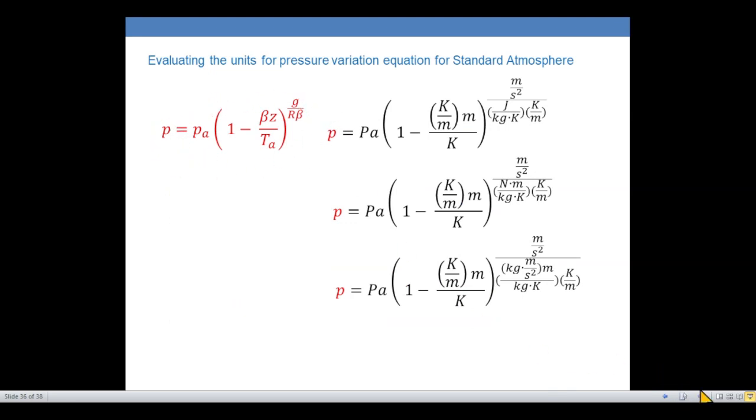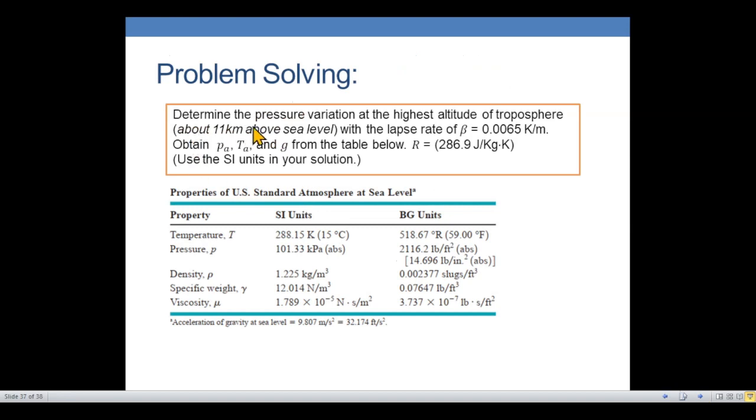Determine the pressure variation at the highest altitude of the troposphere, that is about 11 kilometers above sea level, with the lapse rate of 0.0065 Kelvin per meter. You're going to obtain the absolute pressure, the temperature at sea level, and the G from the table below here.